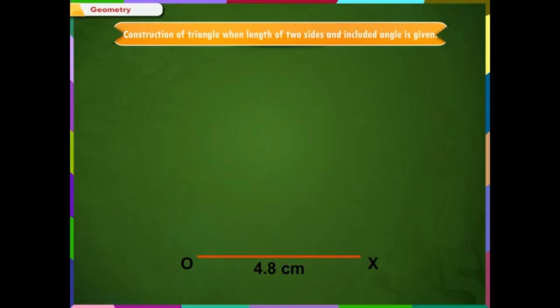Step 2. With O as center and of any radius, draw an arc cutting OX at A. With A as center and with the same radius, draw another arc cutting the previous arc at B. Step 3. Join OB and produce it to get a ray OY.